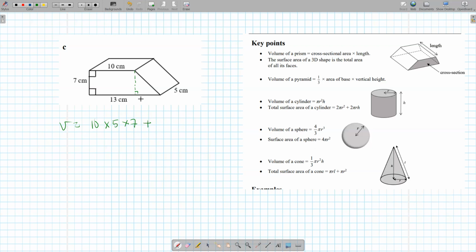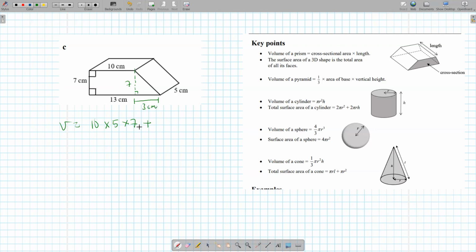Now to find the volume of this triangular prism chunk here, we need to first find the base area. What's the height of this triangle? 7. What is the base of this triangle? Notice the entire thing is 13, and up until here it's 10. So 3. Correct. It's 3 centimeters.